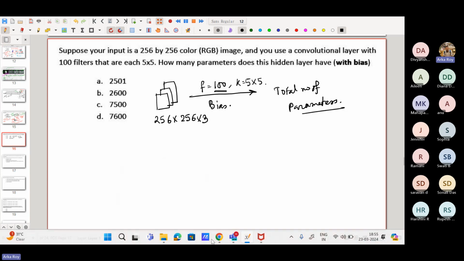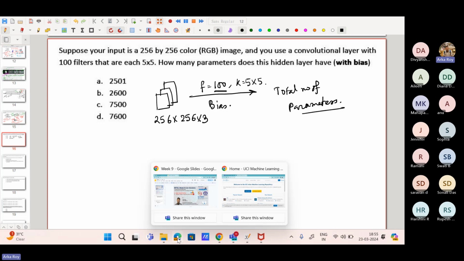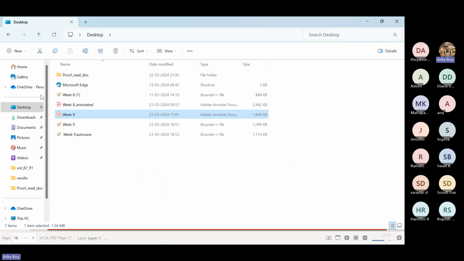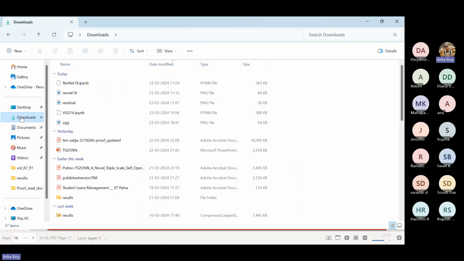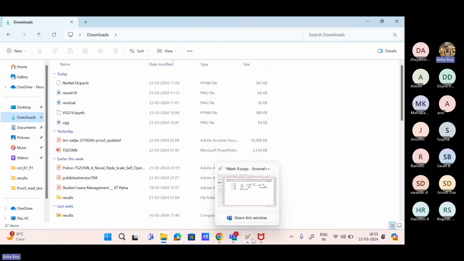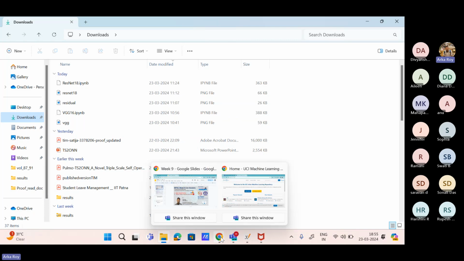So let me see whether I have the solution or not. And if I have the solution, let me download the solution and show you how they have calculated those values.